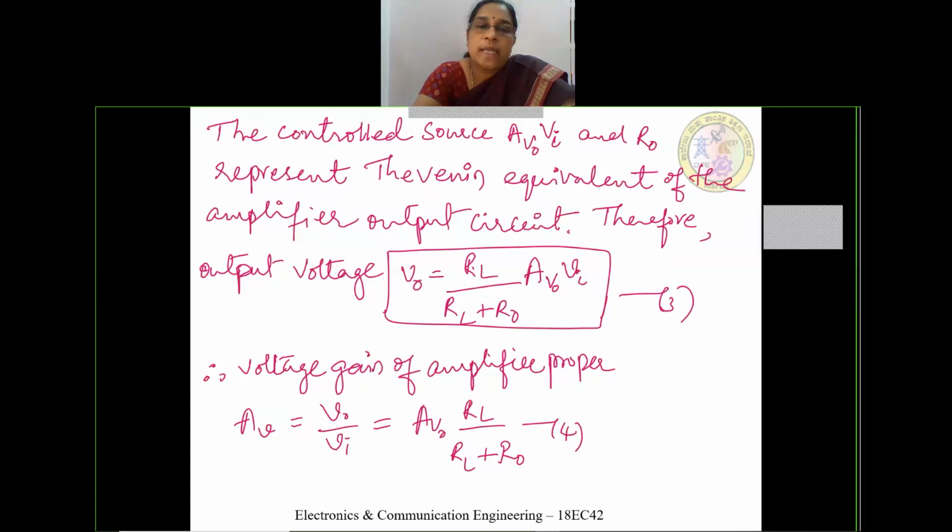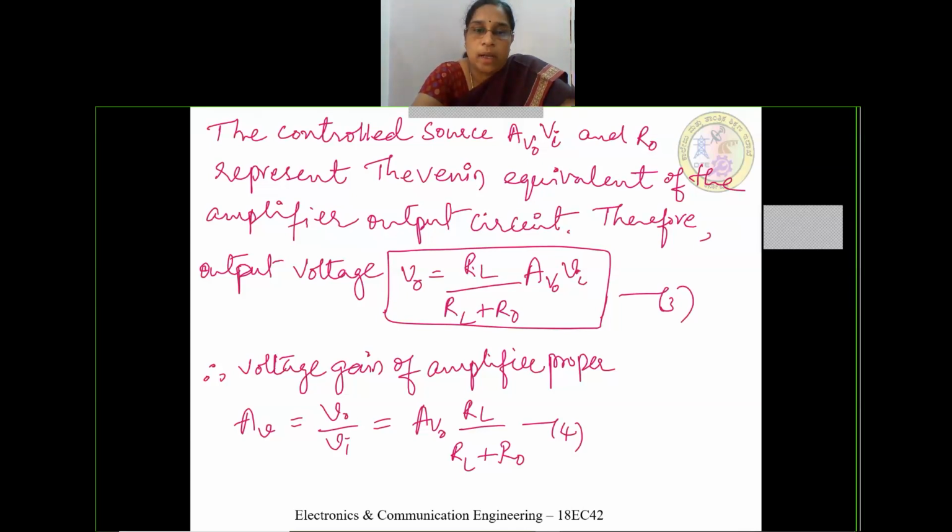What is AV naught? AV naught is the gain considering RL equal to infinity. But when we consider a finite value for the load resistance RL, we define the parameter AV, which is simply called the voltage gain of the amplifier proper.